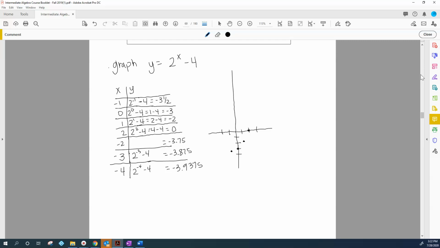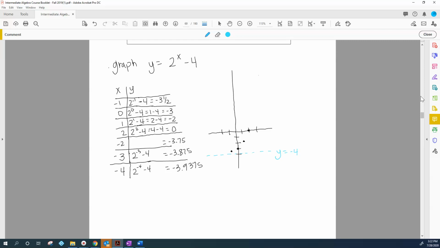Like it looks like it's getting closer and closer to this -4. And it's not a coincidence. That -4 that's here is actually telling us where that asymptote is going to be. So my asymptote on this one is going to be at y equals -4.